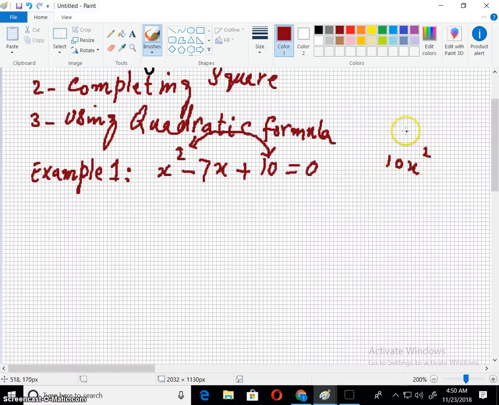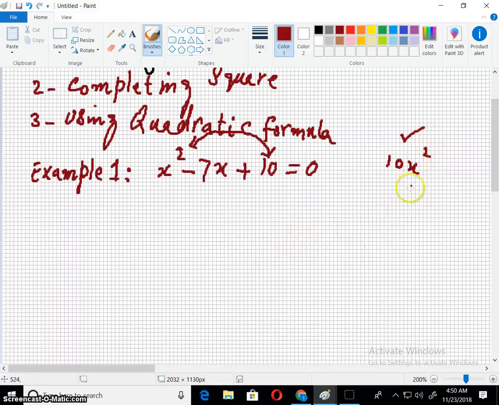Now I just divide this number into two factors. When those factors are added, I get negative 7, and when those factors are multiplied, I get 10x square.